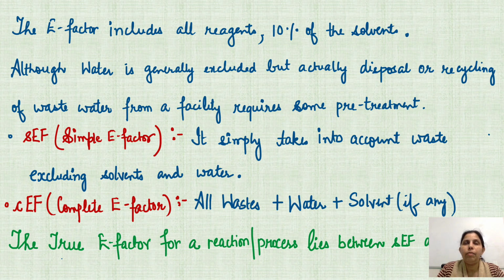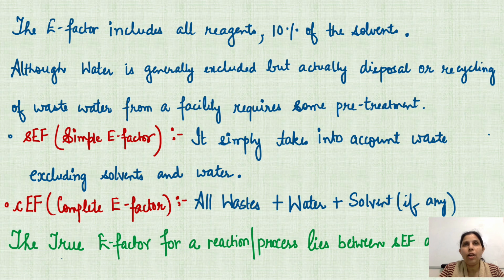Here they are imagining that 90% of the solvents which are used in the synthesis are either recycled or recovered. And this is not a practical thing, because we know that when we do the multi-step synthesis in our labs, for each and every step, we optimize a different solvent depending upon the reaction conditions and depending upon the requirement of the reaction.